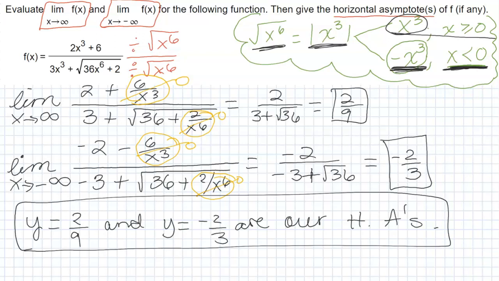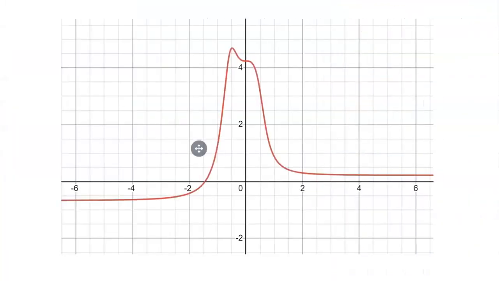Now, if you're sitting there thinking, oh, that's weird, two horizontal asymptotes, how does that look? Well, throw it into decimals. You will see that this horizontal asymptote right here is y equals 2/9.